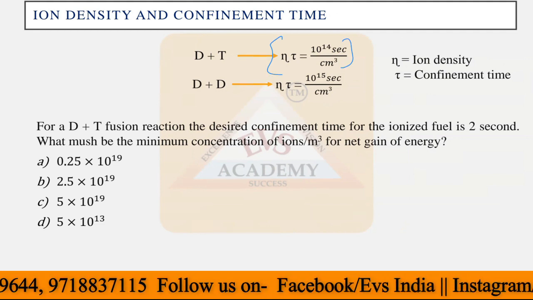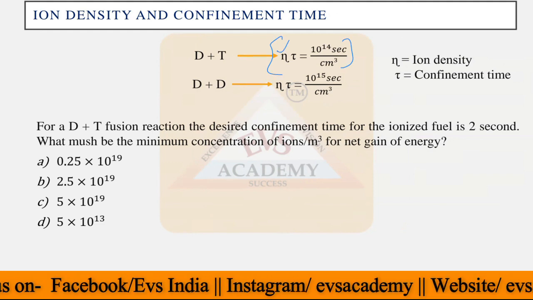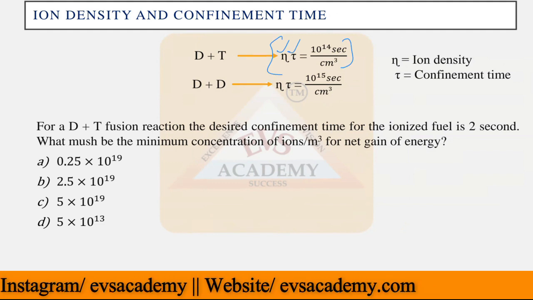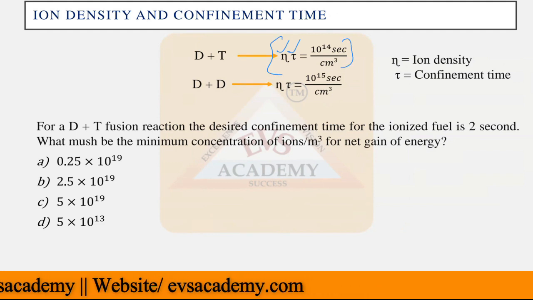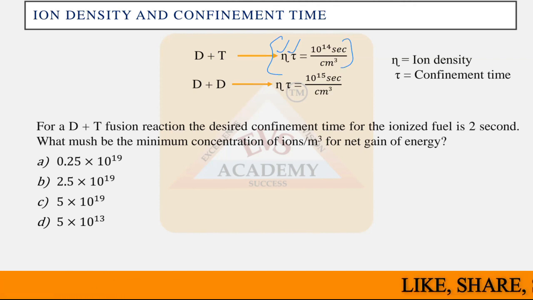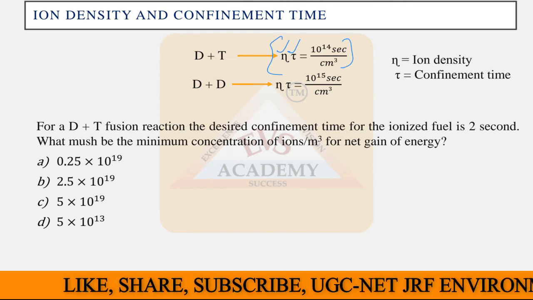Eta here is the ion density. Sometimes in the question ion density is asked, and sometimes tau, which means confinement time, is asked. If ion density is asked, the tau value would be provided to you. If tau is asked, the ion density value would be provided. You have to use that formula only, that is equal to 10 to the power 14 seconds per centimeter cube.